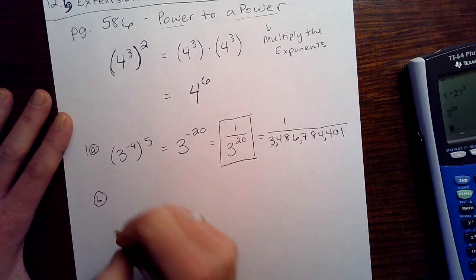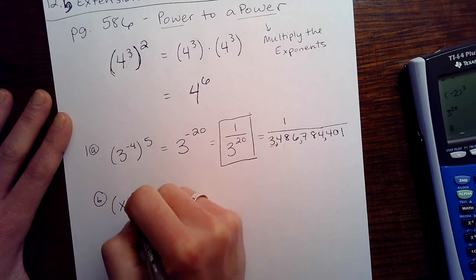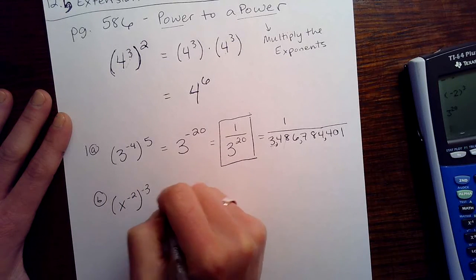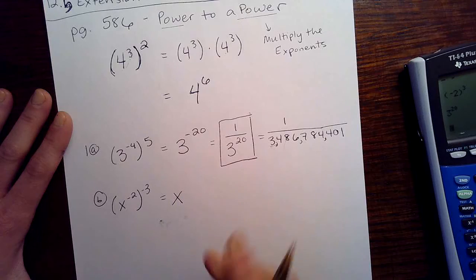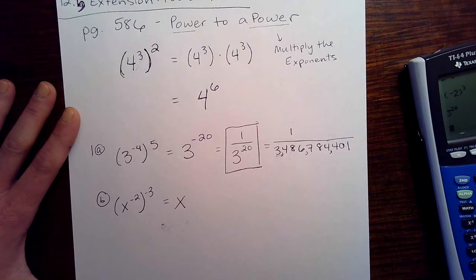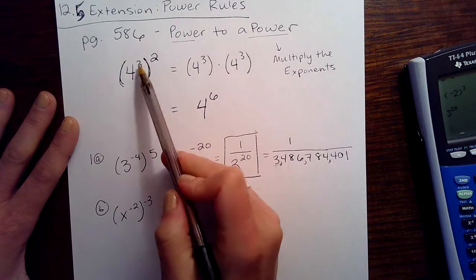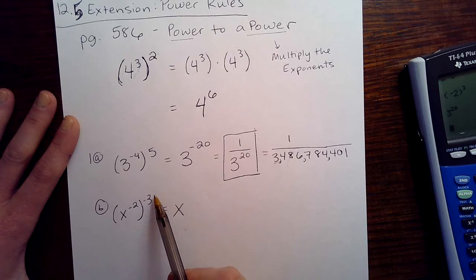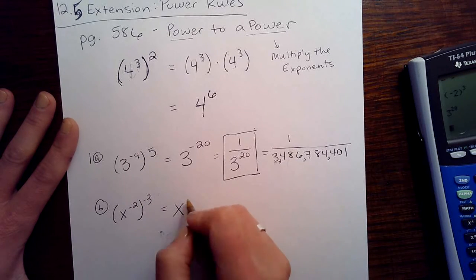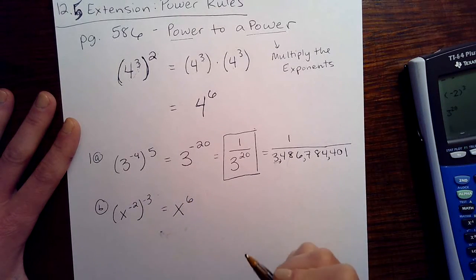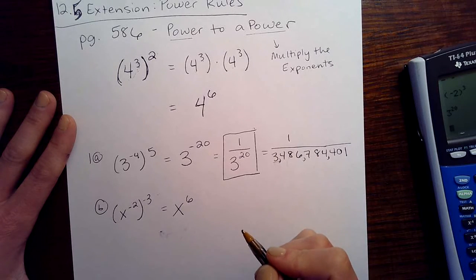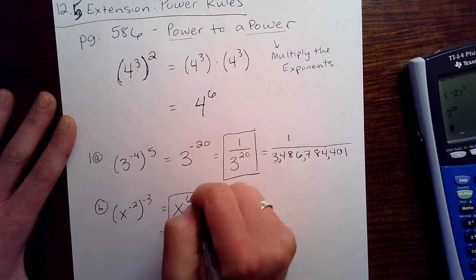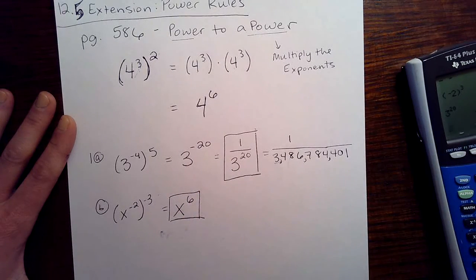And 1b, x to the negative second to the negative third. Well, we keep our base the same. And this says we multiply the exponents. So negative 2 times negative 3 is positive 6. And that's as much as we can simplify that, x to the 6th.